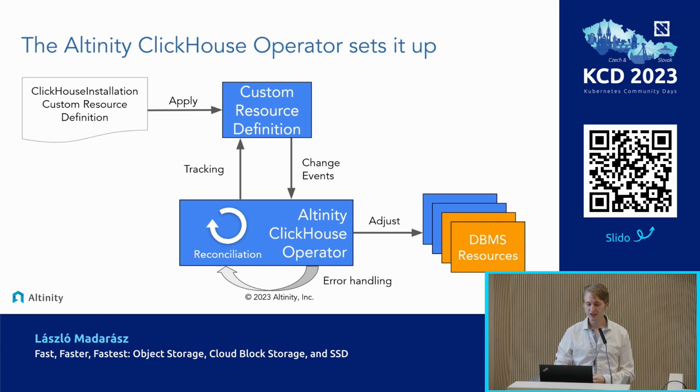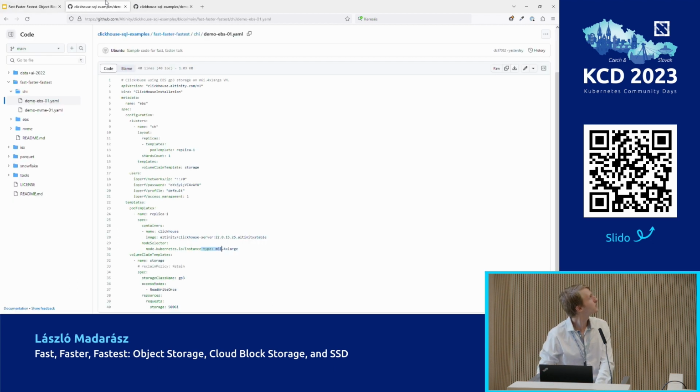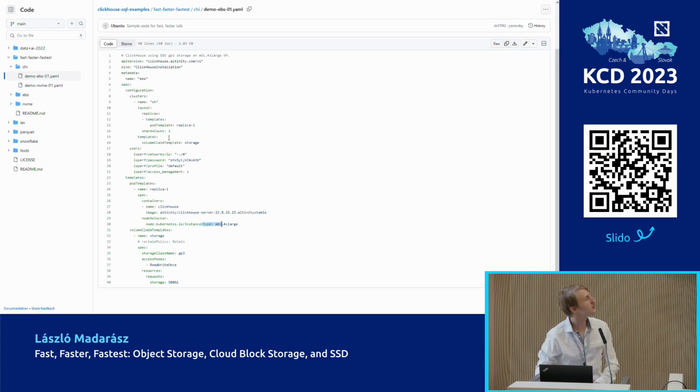What I would like to show you, and this is going to be a bit tricky because I have this tiny screen here, is how easy it is to set up a whole ClickHouse cluster. This is about all of the code that we need to start a ClickHouse cluster in Kubernetes. And actually, this is more than that.